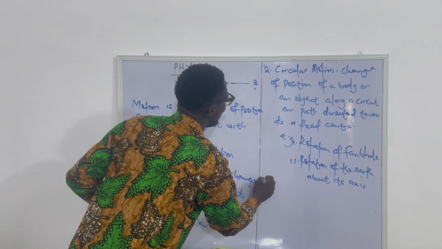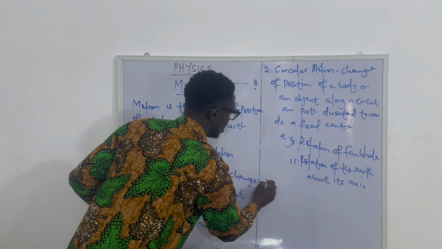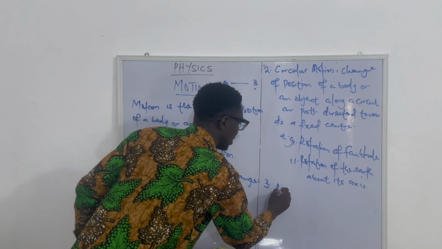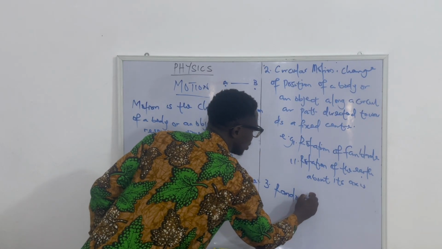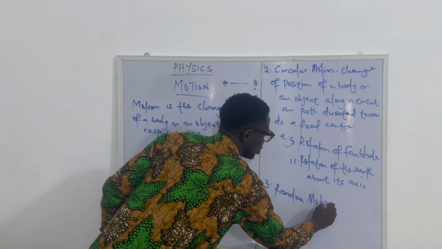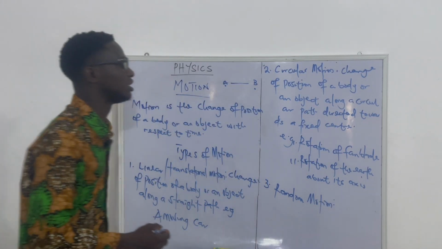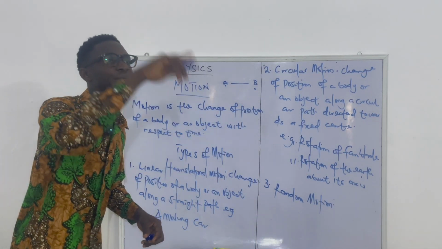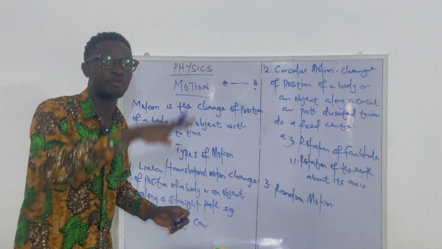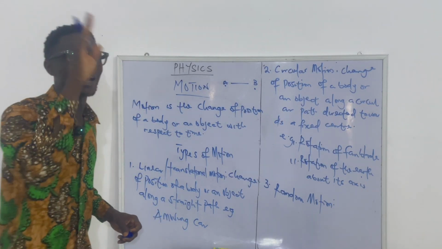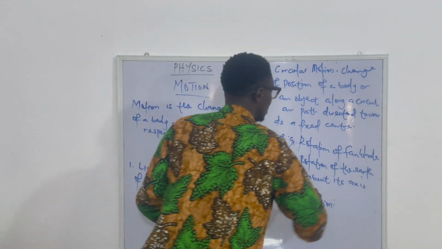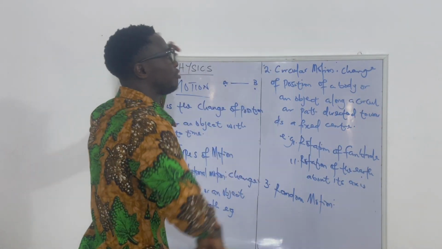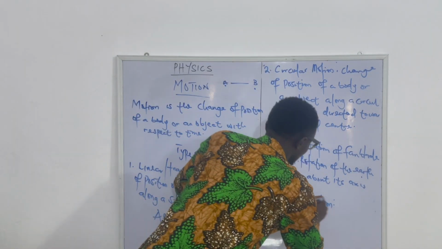The third one we're going to talk about is random motion. Random motion is the movement of a particle or an object in an irregular manner, so it doesn't have a regular direction.